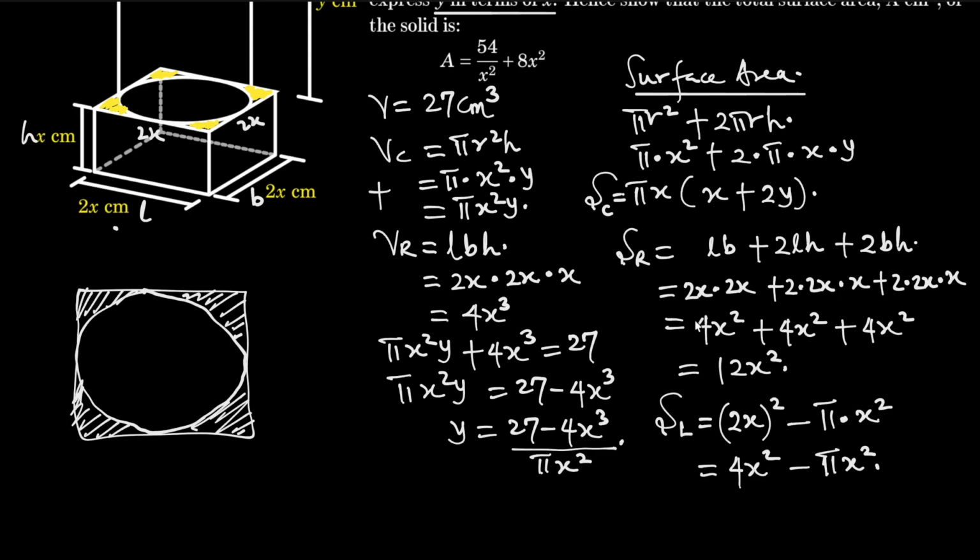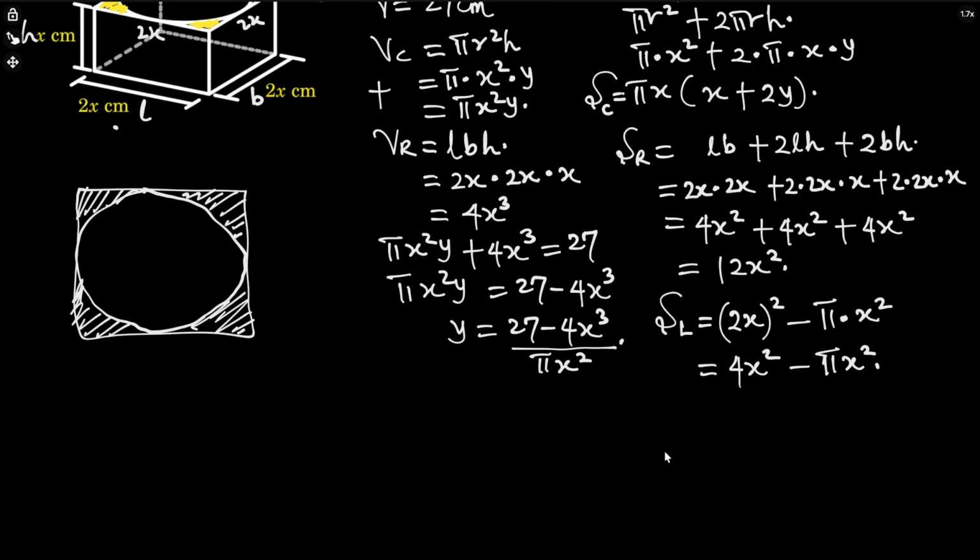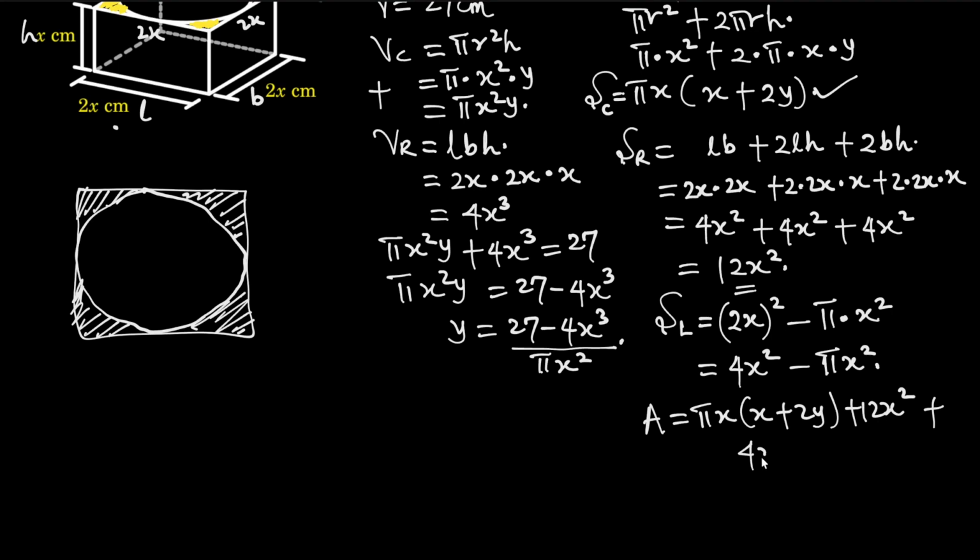Now let's add up all the surface area now. So A, which is the surface area, equals, this is the first guy we obtained, pi x plus 2y. Here's the second guy, plus 12x squared, and lastly we have 4x squared minus pi x squared.